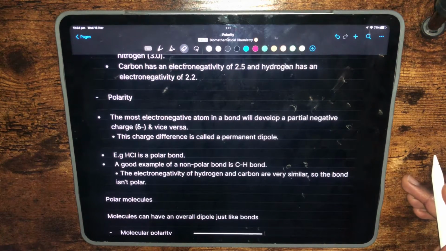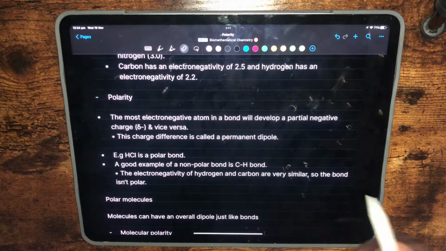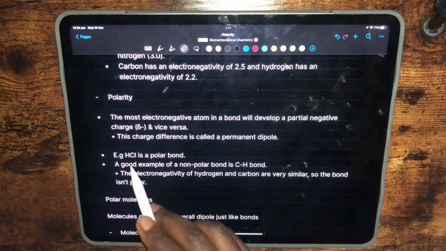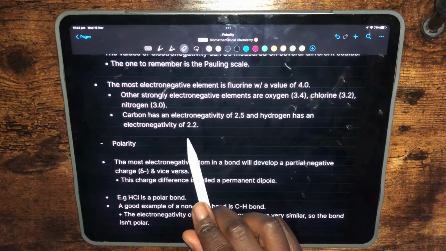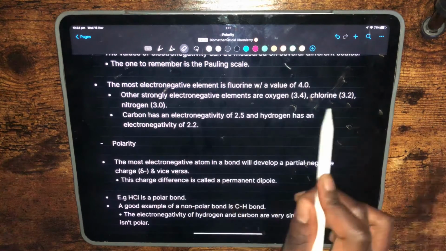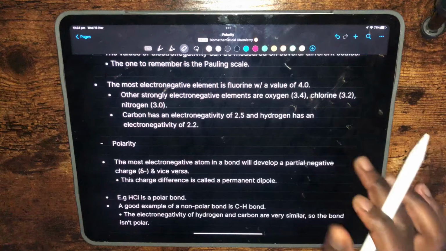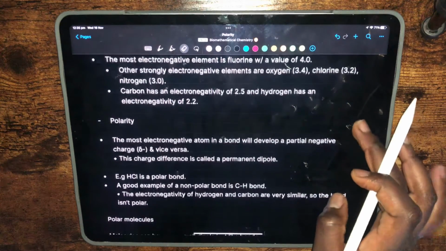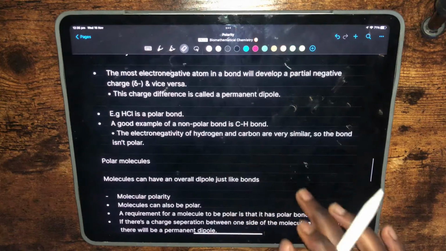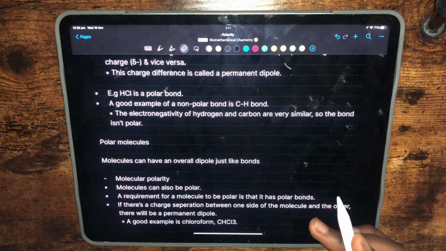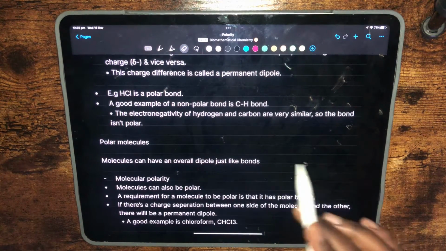A good example of a non-polar bond, as I said before, is a carbon-hydrogen bond. Hydrogen is 2.2 and chlorine is 3.2, so a difference of 1. So that's considered to be a polar bond. The electronegativity of hydrogen and carbon are very similar, so that bond isn't polar.